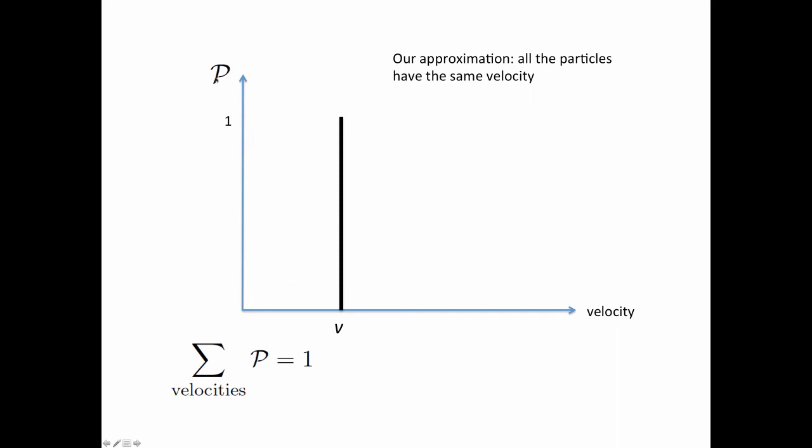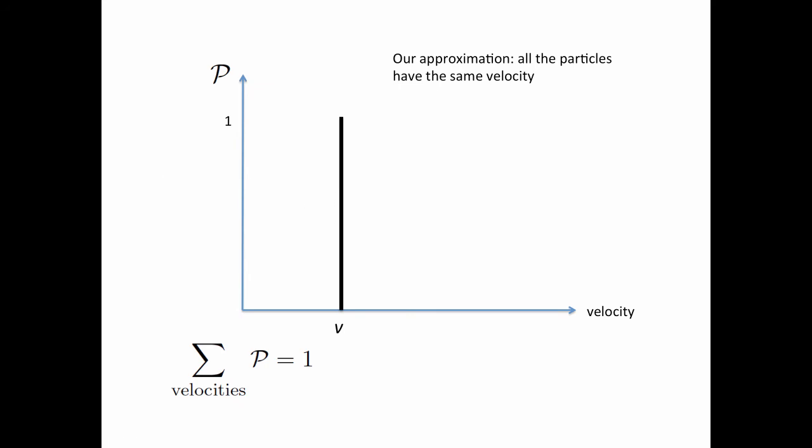What that means is that the probability of finding a particle with a particular value of velocity is just a single line at that value of the velocity. So it's equal to 0 down here at smaller values of velocity. It's equal to 0 up here, and it's equal to 1 only at this particular value of the velocity. We know it's equal to 1 there because when you add everything up, it has to equal 1, and since this is the only contribution, that has to be equal to 1. So this was our approximation.